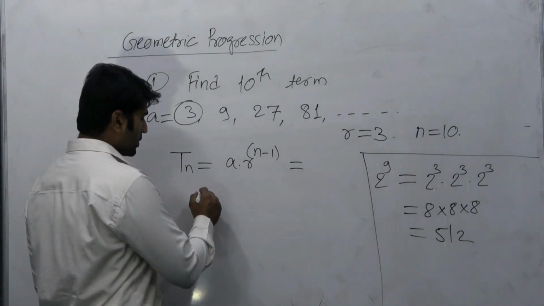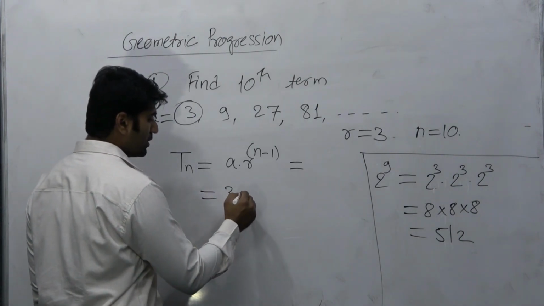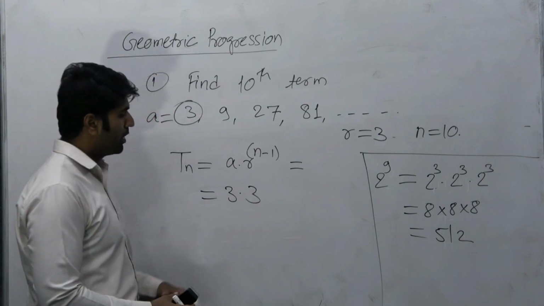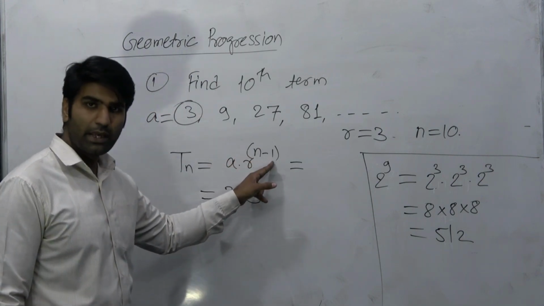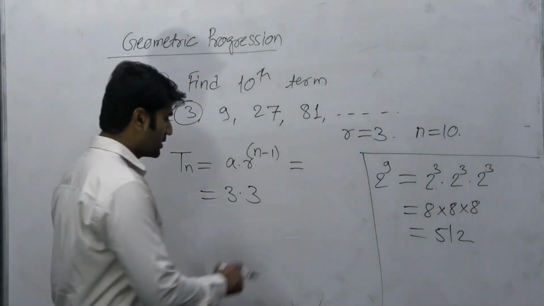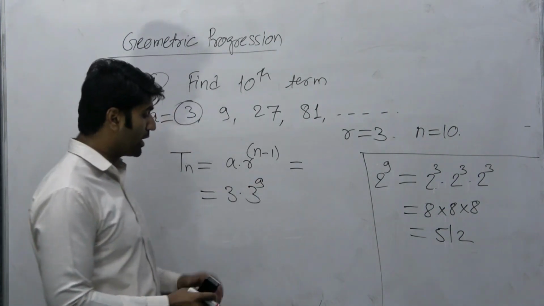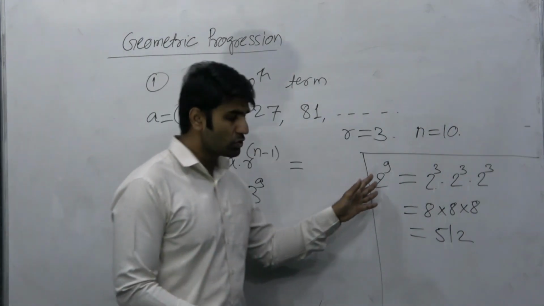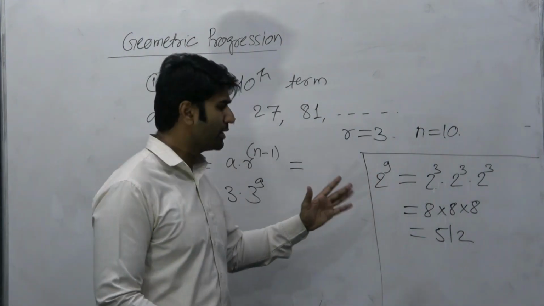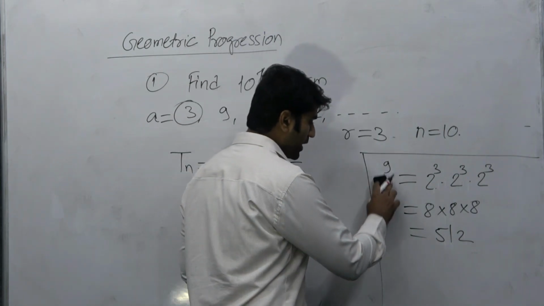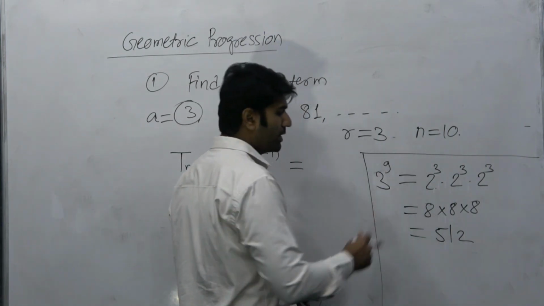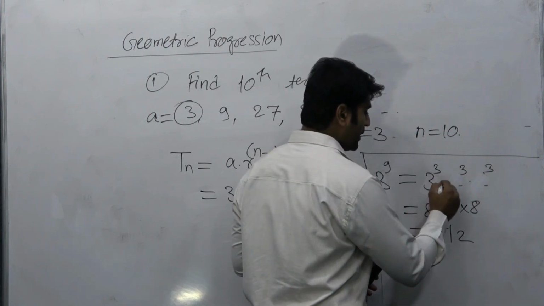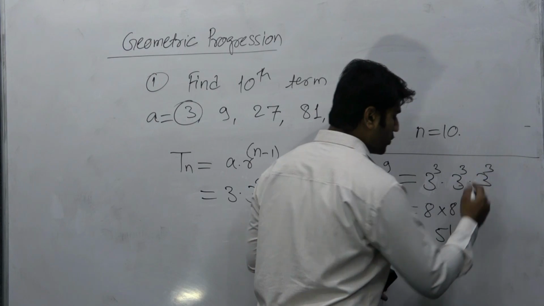So let's solve. a means the first term, which is 3, into r, which is 3, raised to n minus 1, that is 10 minus 1, which is 9. So 3 raised to 9. Again we have to solve this 3 raised to 9 like we solved 2 raised to 9, in the same manner. So 3 raised to 9 is equal to 3 cube into 3 cube into 3 cube.